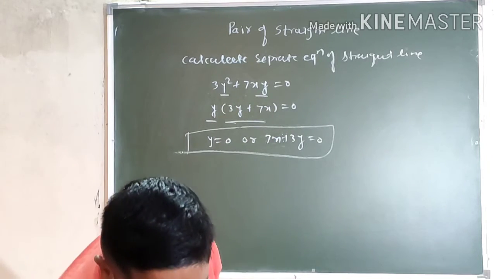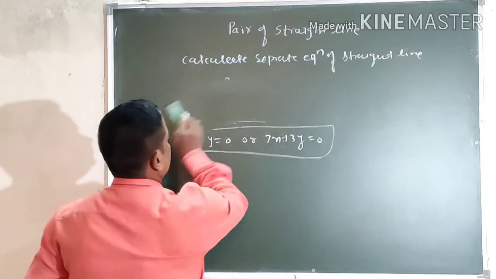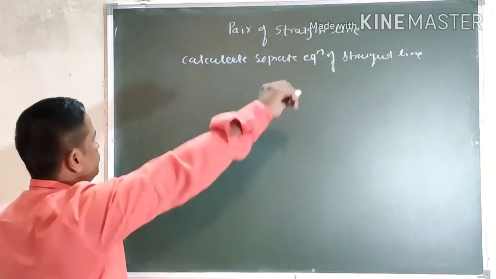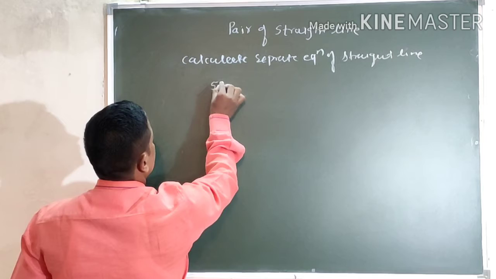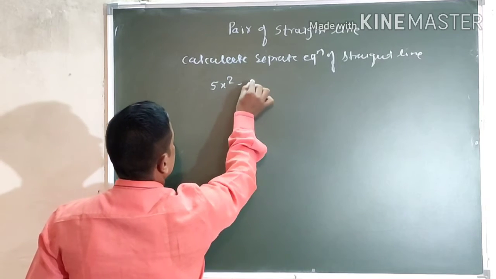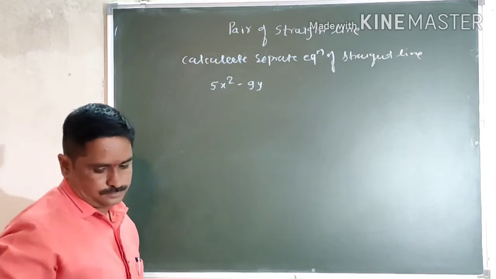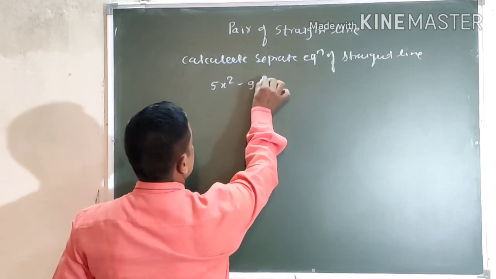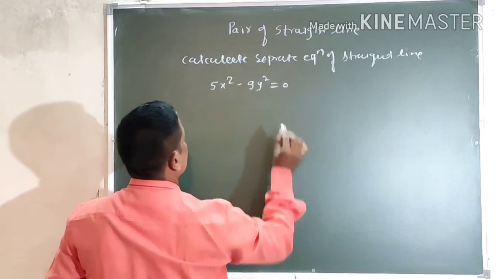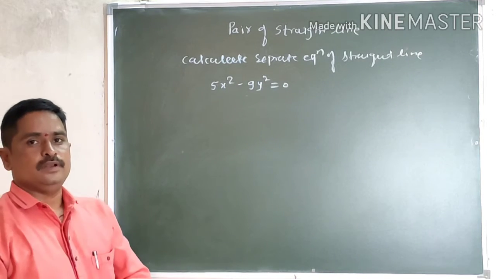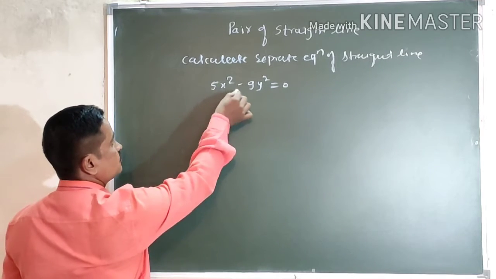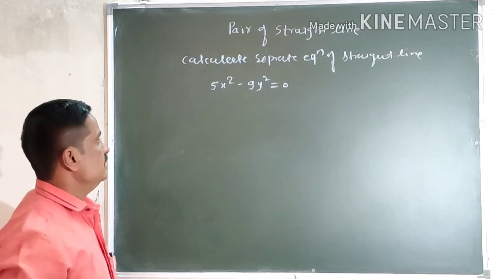Again consider 5x square minus 9y square equals 0. We have to calculate the separate equations of this equation, 5x square minus 9y square.